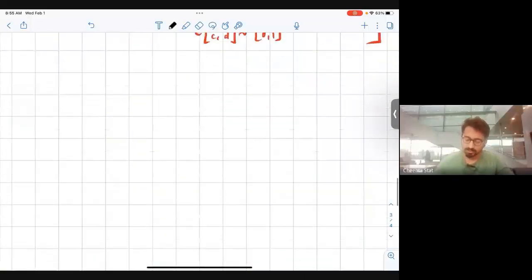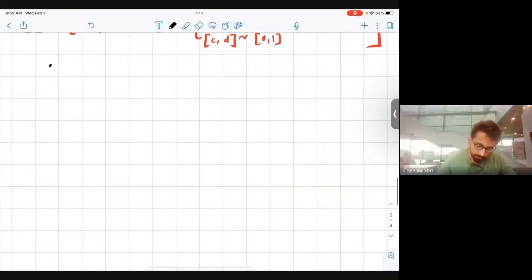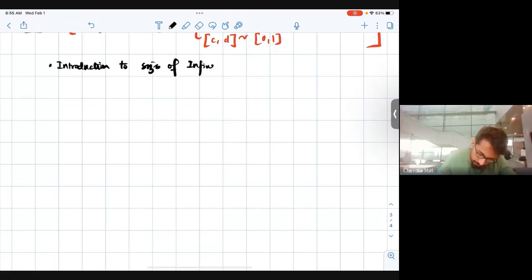So everything is clear till this point of time. What we have revised till now: we have understood an introduction to sizes of infinite sets. We've understood what is a bijection and examples. This is what we have done till now.